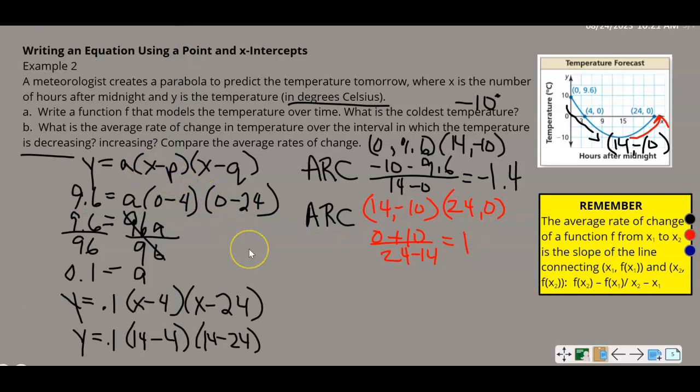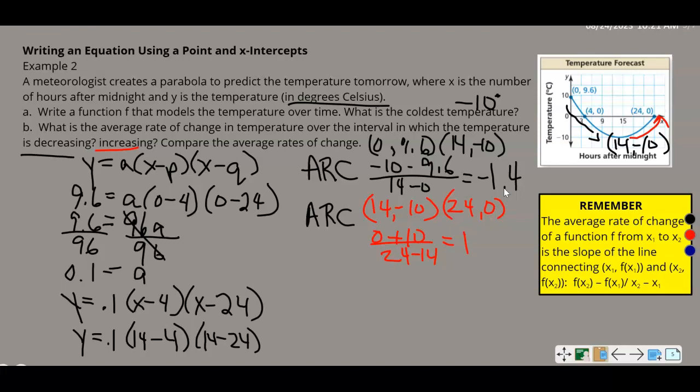All right, so we found the average rate of change when it was decreasing and when it was increasing. Now it says to compare the average rate of change. In order to compare these, we have to think about this one's going downhill and this one's going uphill. So one's decreasing, one's increasing. But to compare them, let's think about the average rate of change as like an absolute value, which means what is the average rate of change, not thinking about whether it's positive or negative.